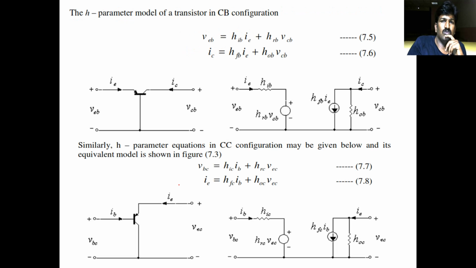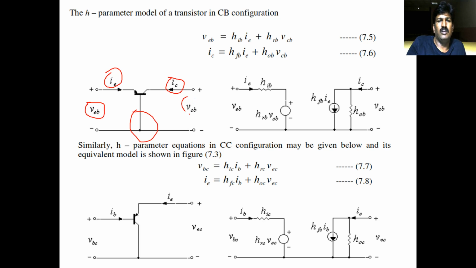You can also write the H parameters in another way. You can also write the H parameters for the CB and for the CC. For the CB configuration, the base is connected to the ground. What is the output current? Collector current. What is the input current? Emitter current. What is the input voltage? Emitter to base voltage.